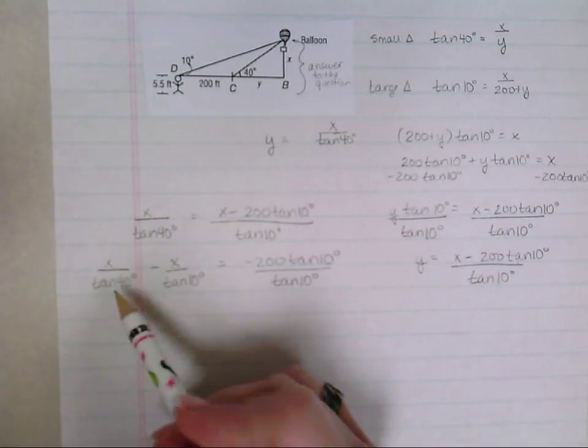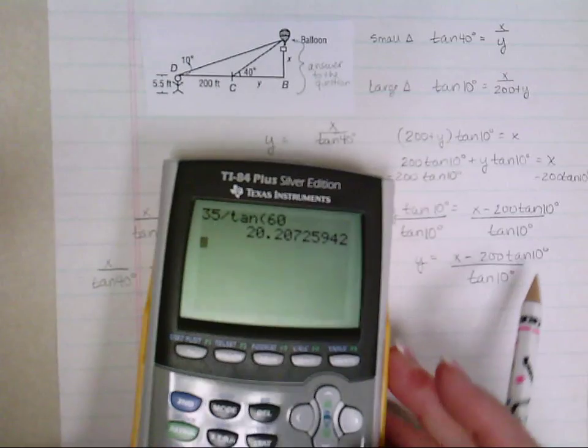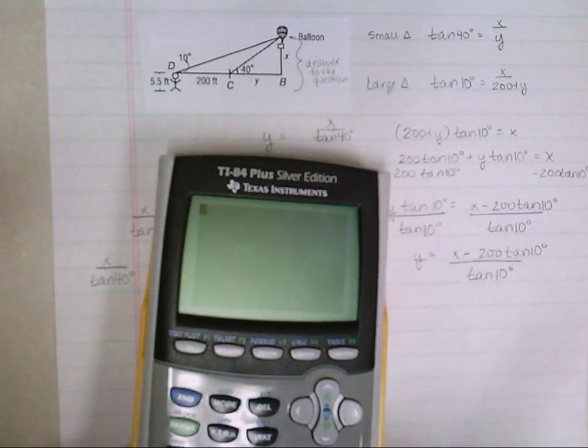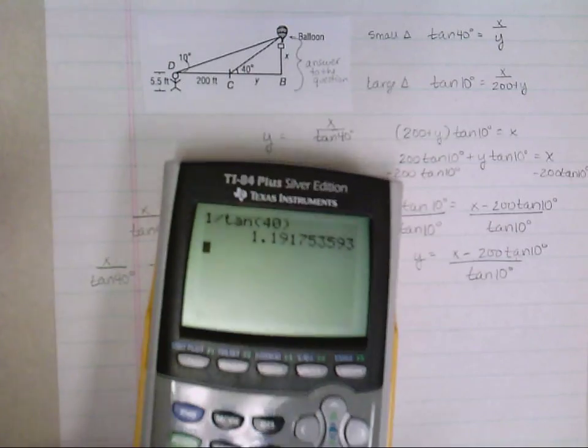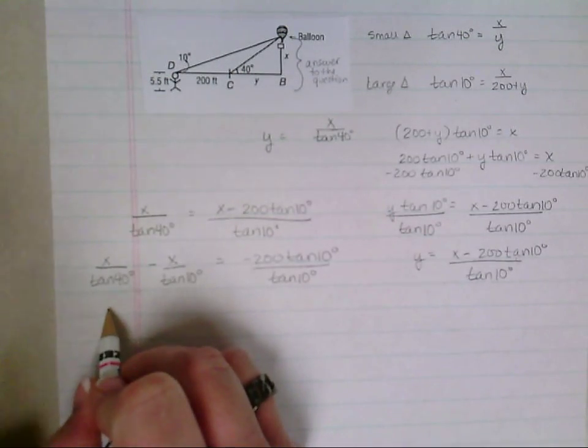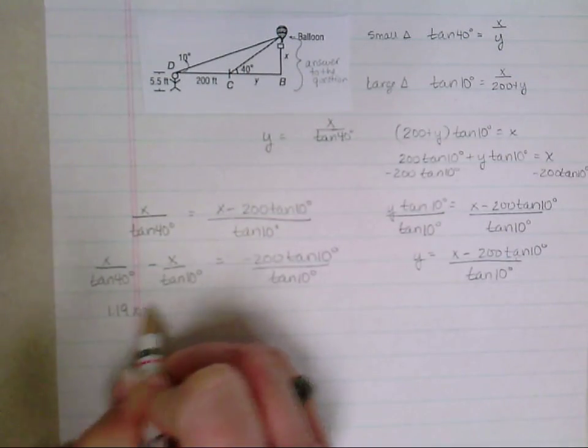x divided by the tangent of 40 degrees is the same thing as saying 1 over the tangent of 40 degrees times x. So I'm going to say 1 divided by the tangent of 40 degrees, and that gives me about 1.19, so it's about 1.19 times x.